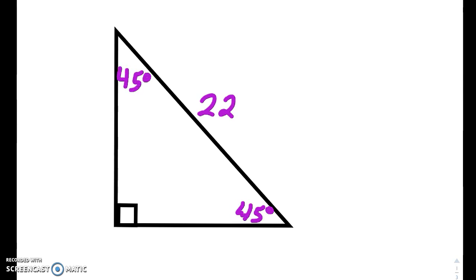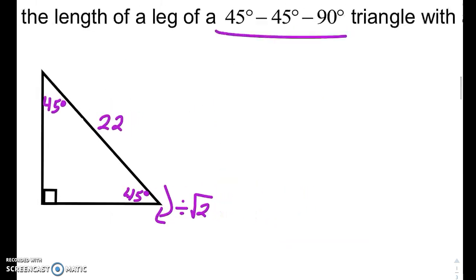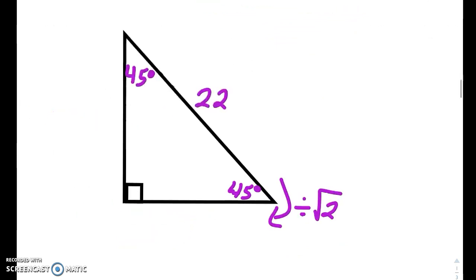This time we're going from hypotenuse back to the leg, so we're going backwards. If we're going backwards, we divide by radical 2. This is x and this is x. Remember, the legs are the same, so once we find one, we have found both.